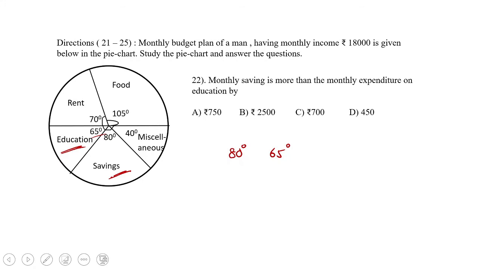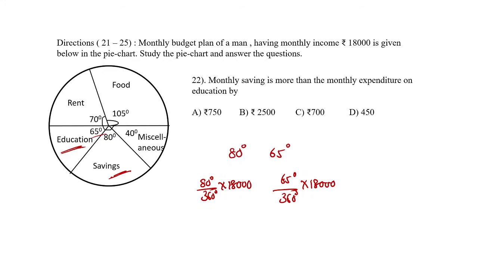So to calculate individually, savings is 80 degrees by 360 degrees into 18,000, and education is 65 degrees by 360 degrees into 18,000. After calculating these two values, find out the difference. Then we get how much monthly savings is more than the monthly expenditure on education.